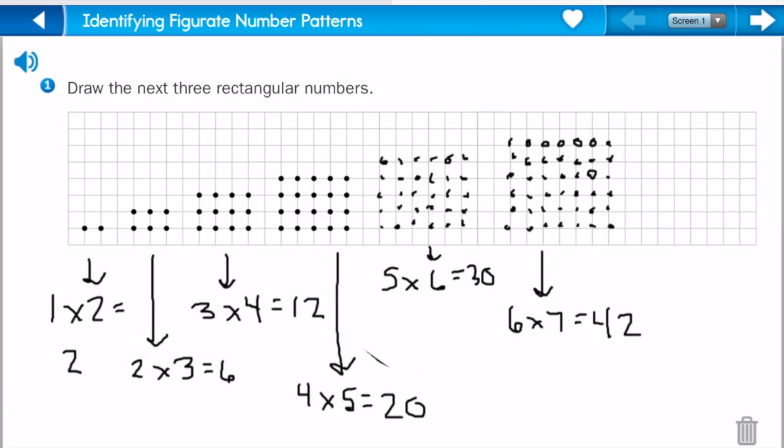Now I have to do my last one. I'm going to do 7 times 8, because that's my next number in my sequence. So I'm going to go up 7. Over 8. And fill those in.